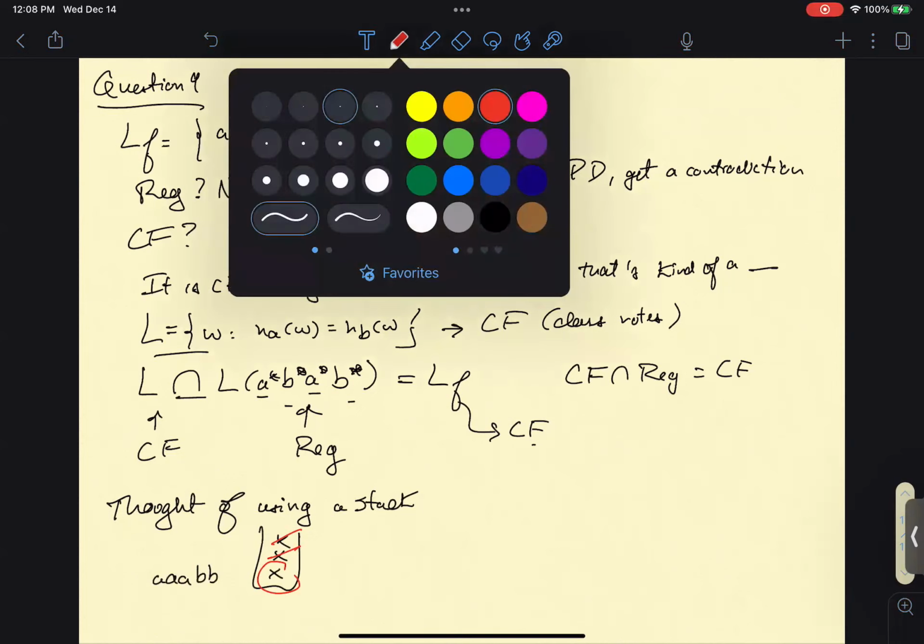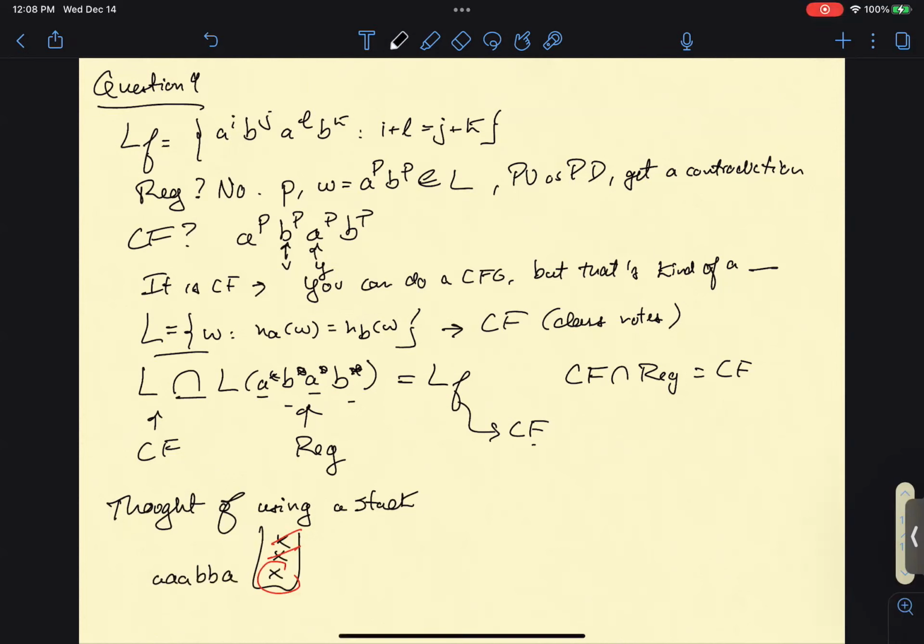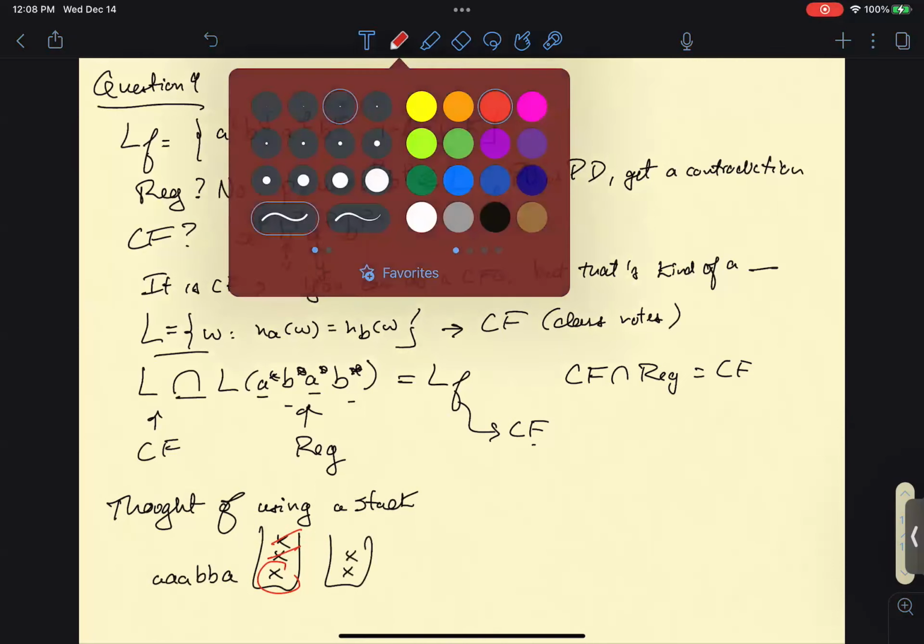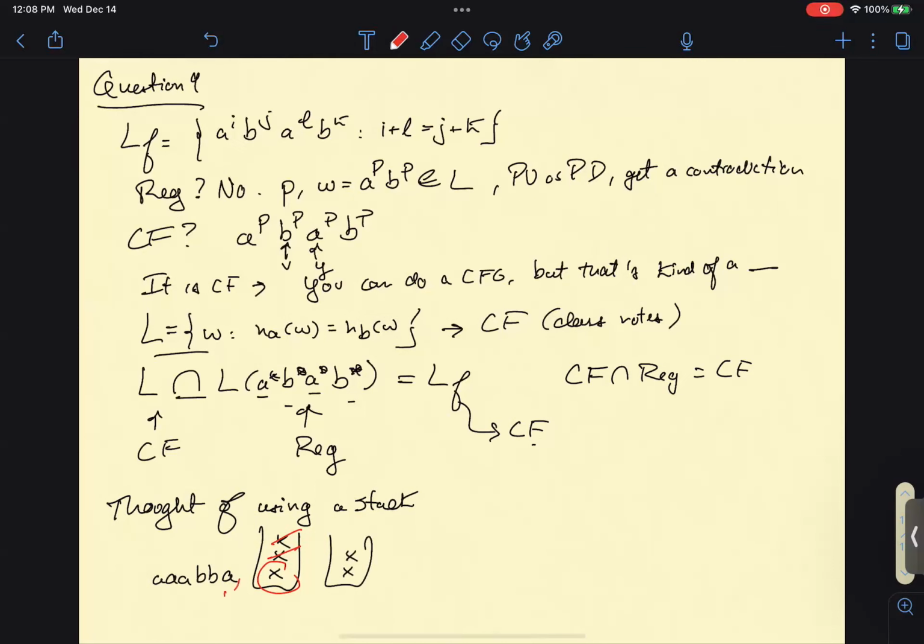Then if you get another A, maybe you push another X. And then what I need for this to be in L is I need 2 more B's. I can check 2 more B's by saying, if I have 2 more B's after the A's, then I pop each one.